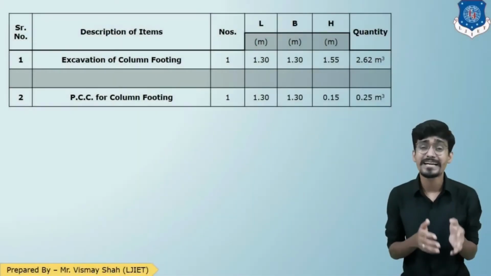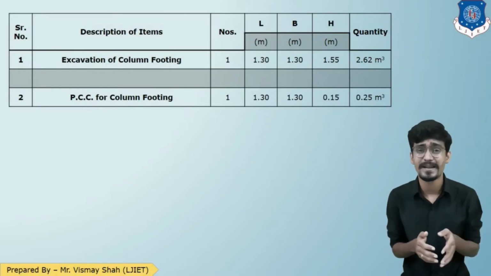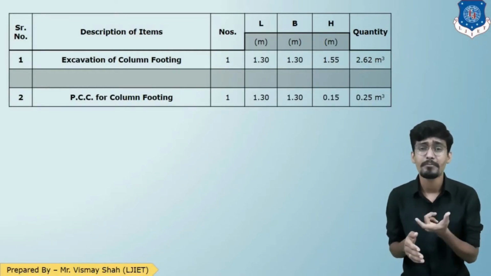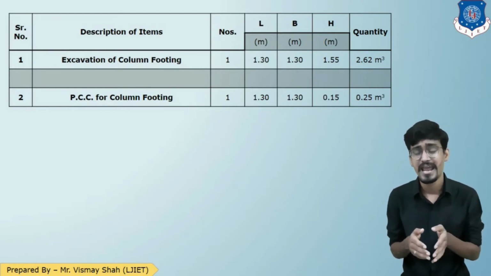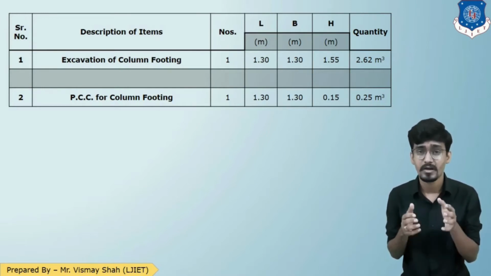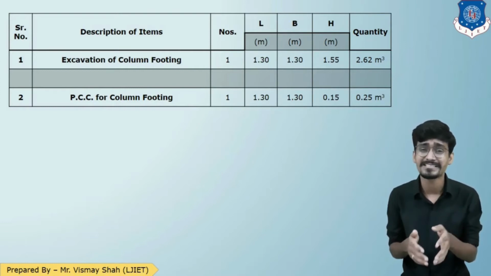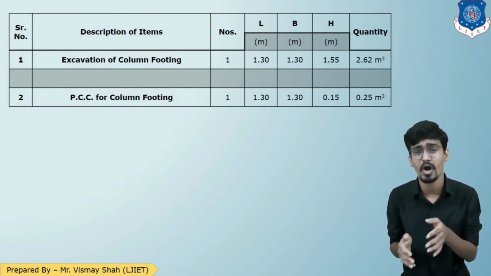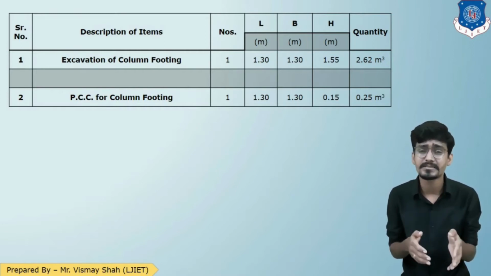As we have already discussed in the section explanation, the bottommost part for the excavation was 1.30, and if you have seen the section very closely, the column we are working on is a square column. So the length and width will be 1.30 cross 1.30. In numbers, I have written 1 because it is only one column.